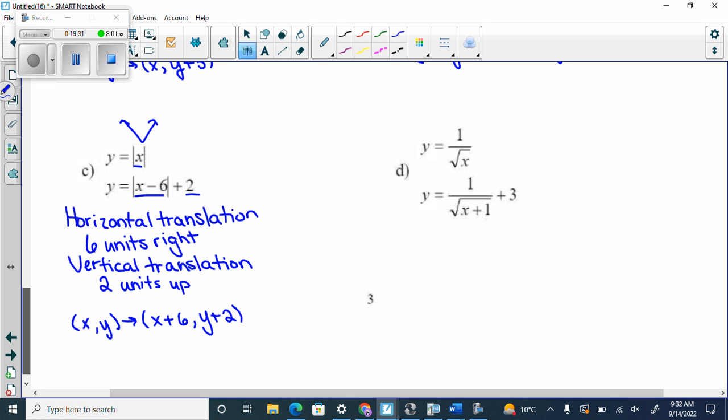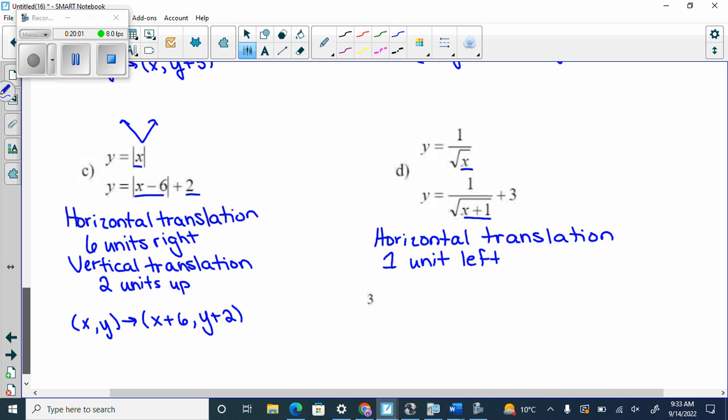This last one is irrational with a radical in the bottom. It's kind of crazy. I don't care. All I care is if something's with the x, it affects the x. If it's not, it affects the y's. I had a root x. I now have a root x plus 1. So I have a horizontal translation. The great thing about this unit, it never changes. Horizontal translation, 1 unit what? If it's x plus 1, I'm moving it 1 unit to the left.